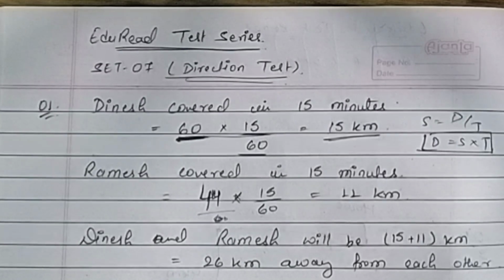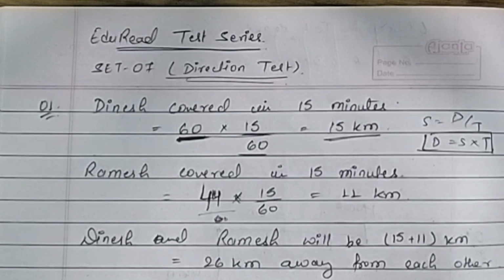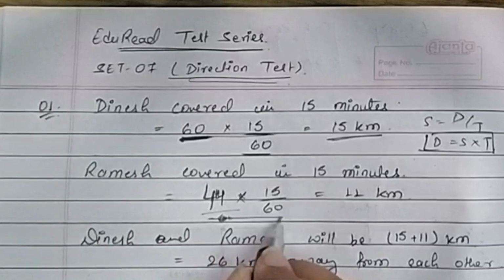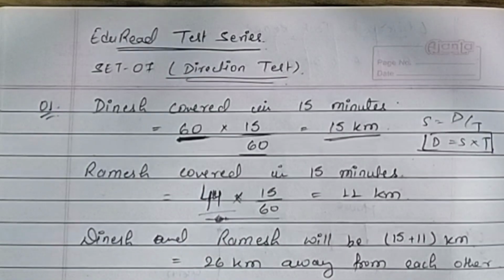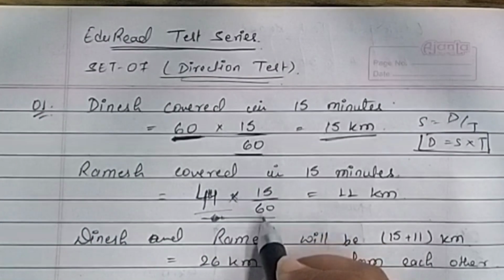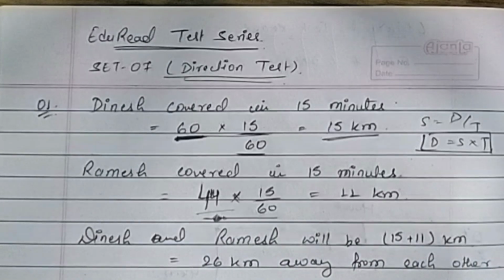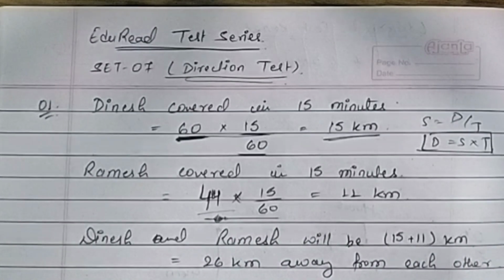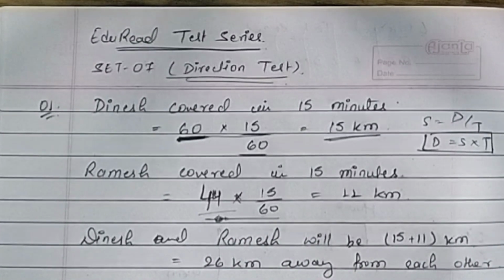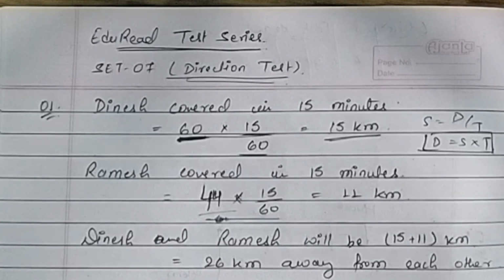If we solve this equation we will get 11 kilometers because 60 will be cancelled out by 15 in 4 times and 44 will be cancelled out by 4 in 11 times. Hence we can say that Ramesh covered 11 kilometers in 15 minutes.